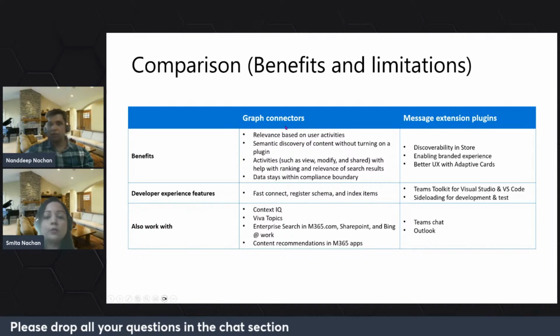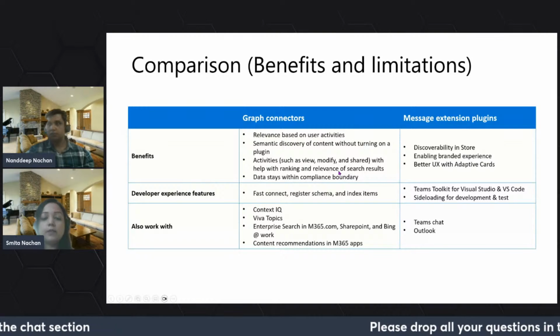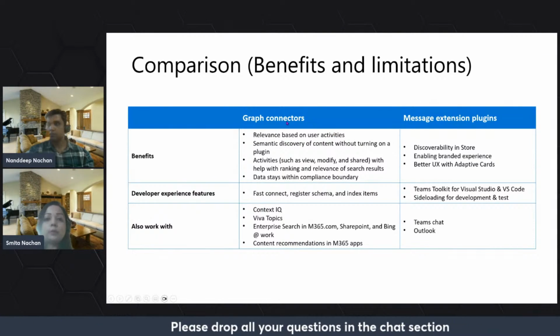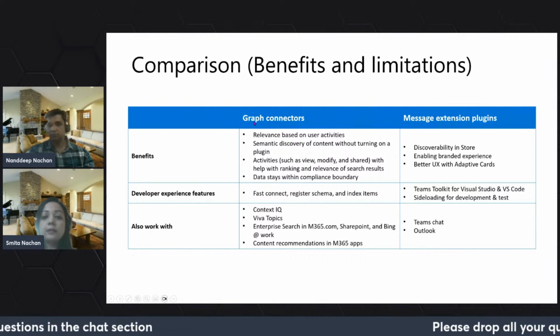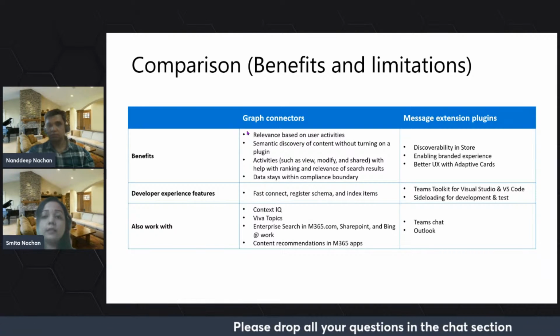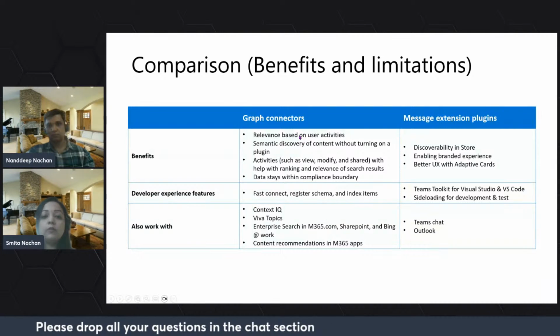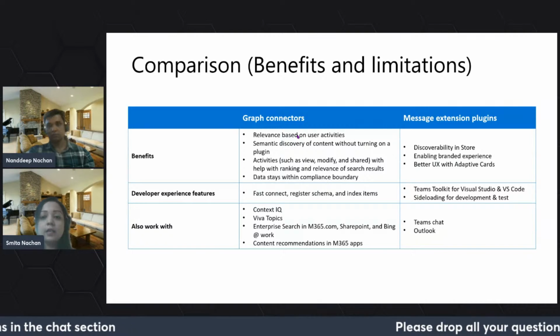Yeah. So let's see the comparison and the benefits and limitations of the Graph connector and the message extension plugin. You may want to explore the pros and cons of each option before making any decision. For instance, a Graph connector helps to keep the third party data within the compliance boundary by indexing the data, and on the other hand, the real time data through the use of message extensions is not indexed and can be shared or accessed outside of the defined compliance boundary.